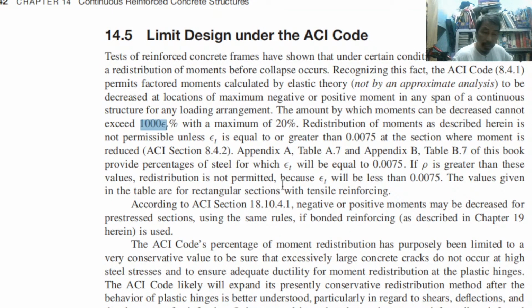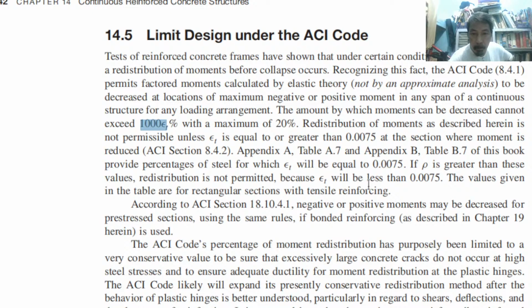So meaning it doesn't reach yet the condition that at least 3 portions of the structure reach the plastic hinge mechanism.